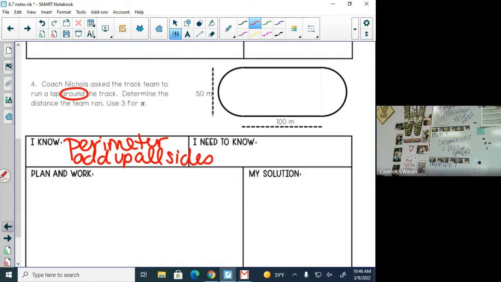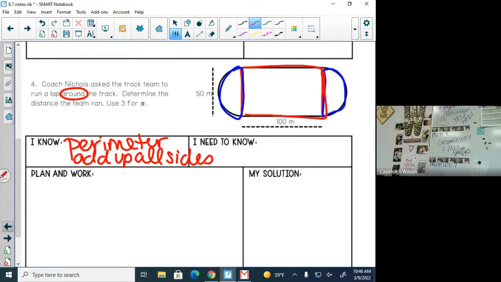Now, here's my question, Chevy. What shapes do you see in this problem? A circle and a rectangle. I see 2 half circles, so this is 1 whole circle, and I'm also seeing this rectangle.